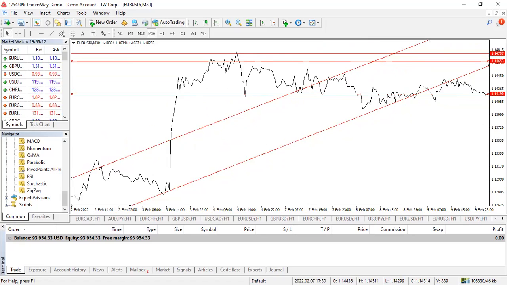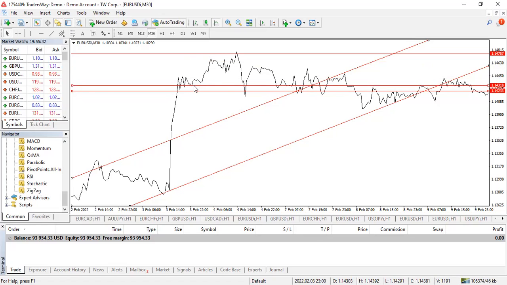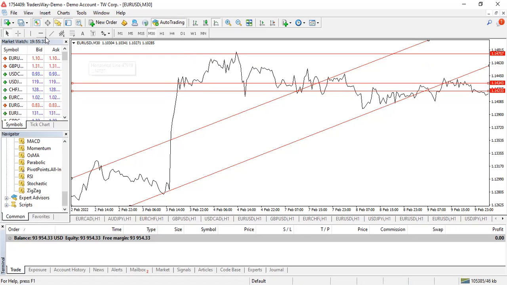Let us assume I'm targeting 1:2. So here is my entry. This spot is my entry.